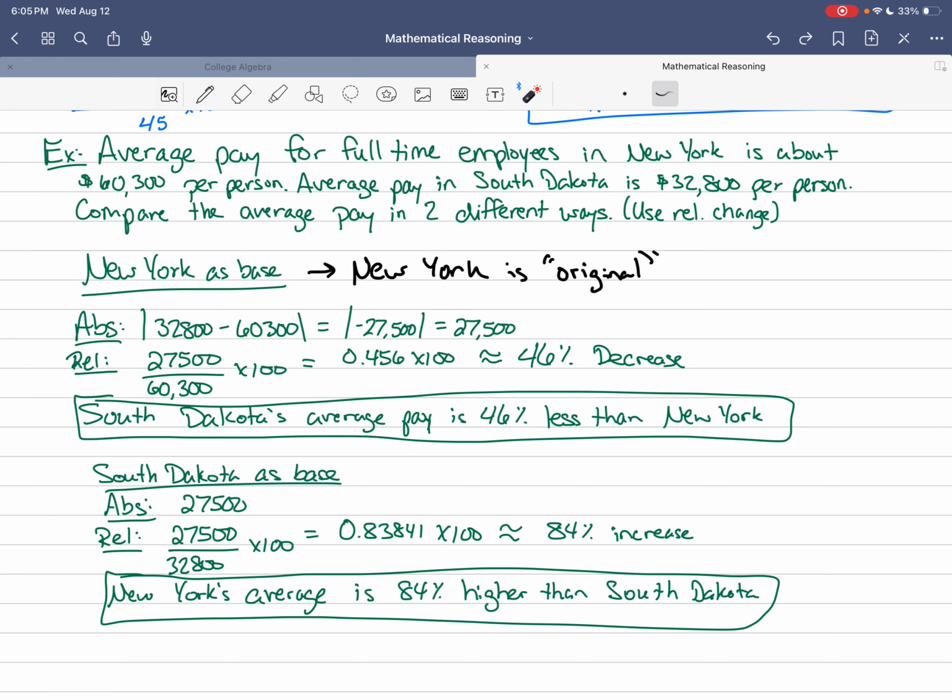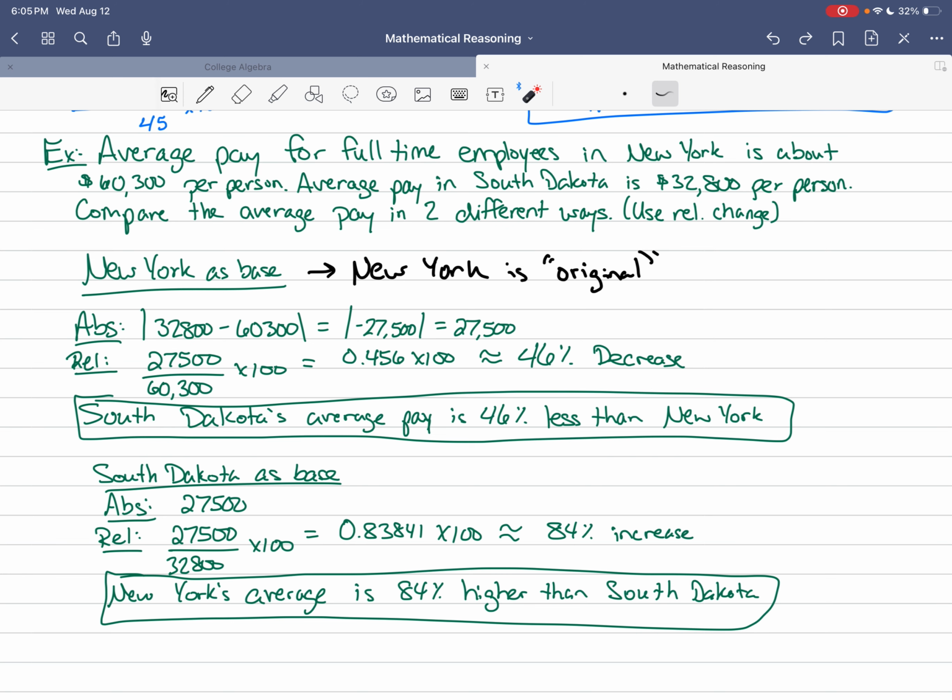Take the absolute value of that, and it's 27,500. We now take that amount and divide it by our original, which is the base, New York, of 60,300. Comes out to 0.456, multiplied by 100, and it rounds to approximately 46%. So going from New York to South Dakota, it's a 46% decrease. So this means South Dakota's average pay is 46% less than New York.